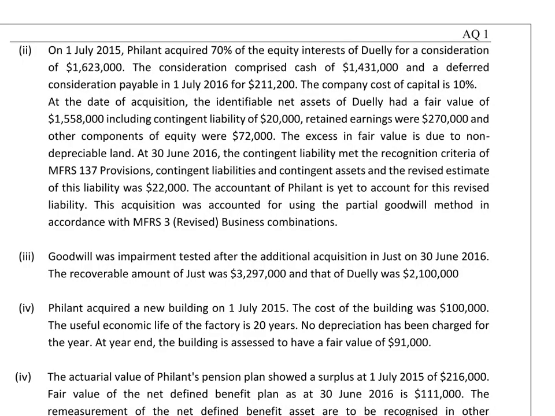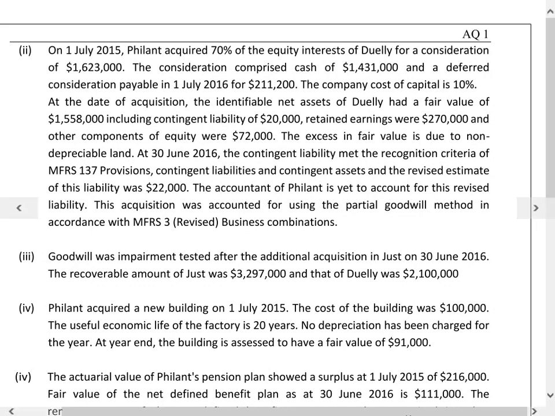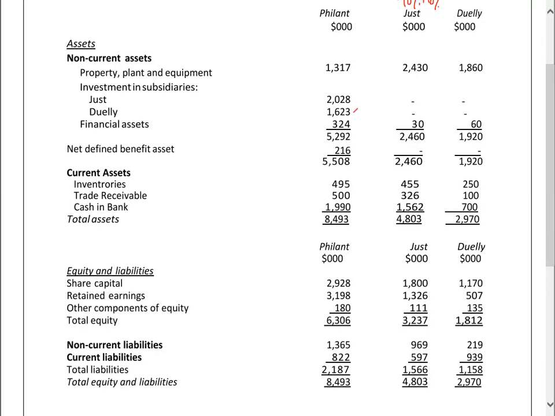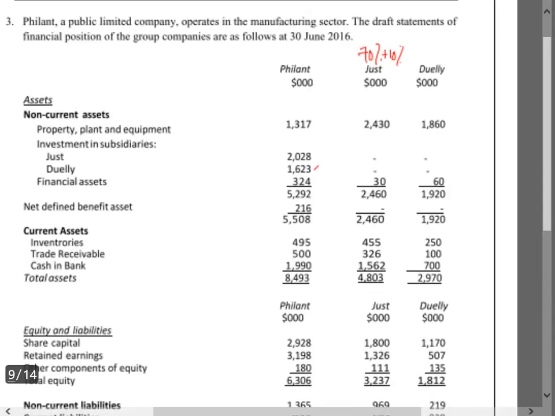On the 1st of July, Pilan acquired 70% of equity interest in Dually for consideration of 1623.